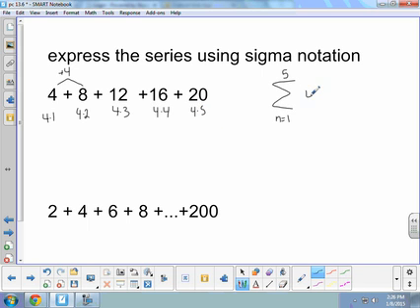So that is going to be 4n. The trick is realizing that when you go up by a certain number each time, in this case 4, chances are you're going to have a 4n, a 4k, 4x, whatever variable you choose to use.